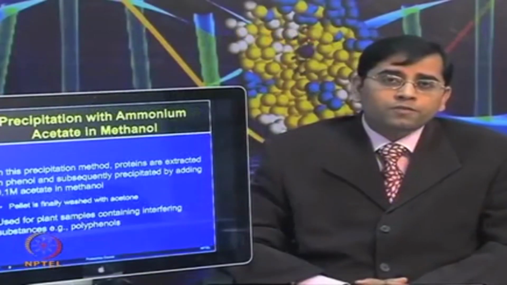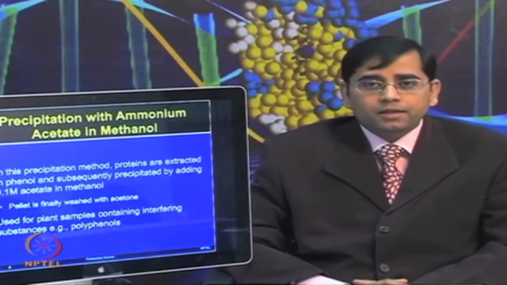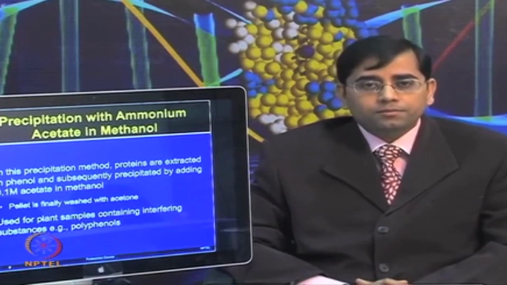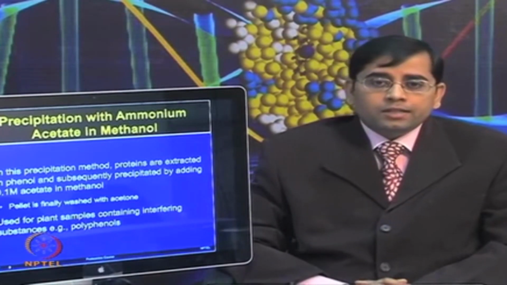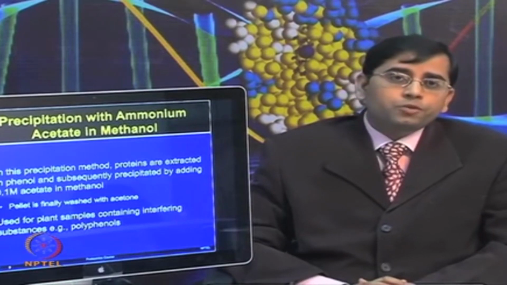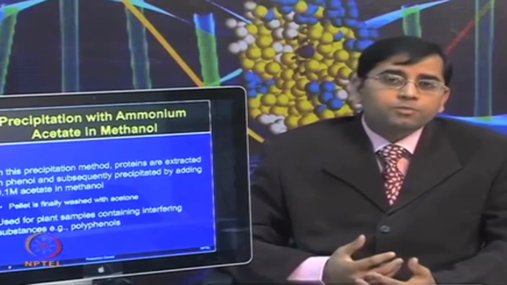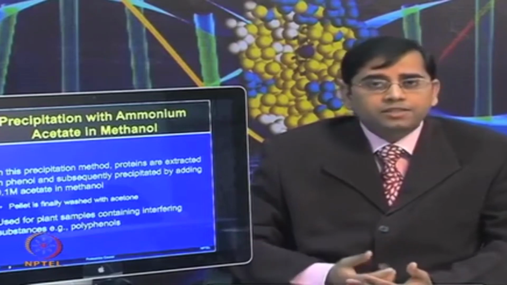Now, let us talk about one of the less commonly used methods, precipitation with ammonium acetate in methanol. This is more commonly used when you are talking about some plant samples which are rich in polyphenol and other interfering substances.